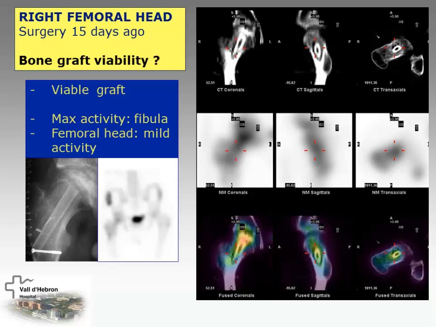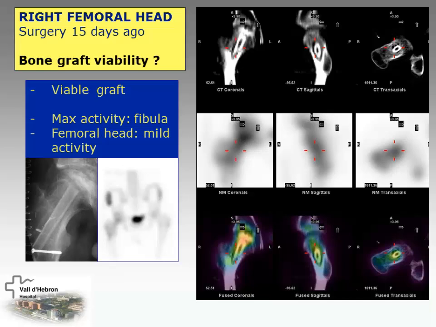And looking at the SPECT images, what can you see here? You can see the fibula, and we can see the femoral head. And where is the higher activity? The higher activity is on the cortex of the fibula, and this is because just 2 weeks before, this fibula is supporting weight, and for this reason, this cortex continues to have a high uptake.